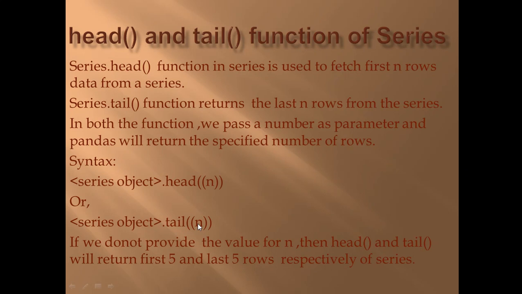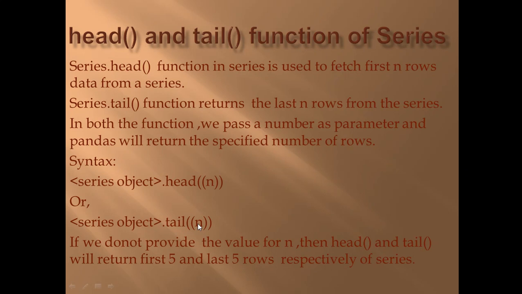So the series object should be created in that way. If the series object doesn't have 5 rows, then what will it return? It will return whatever number of rows the particular series has.